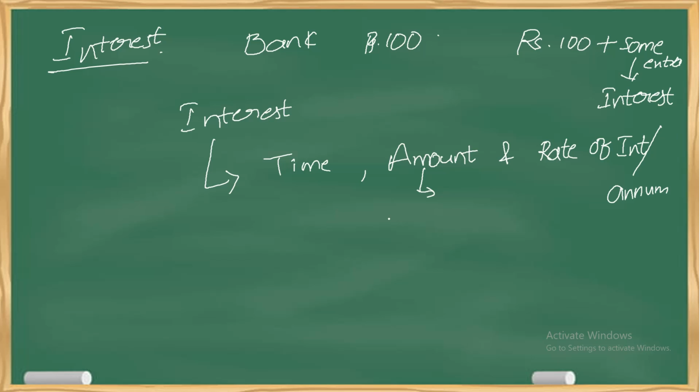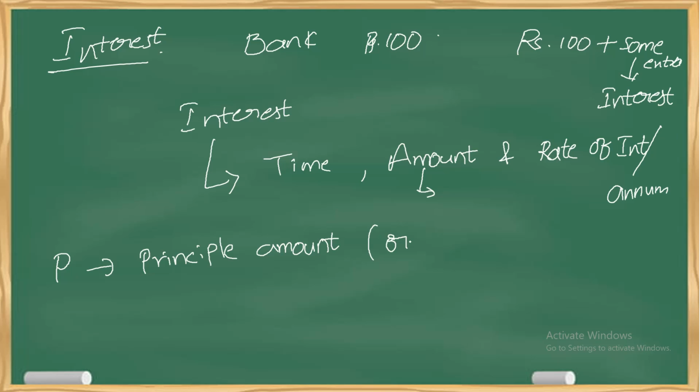Now we have a few notations. Before going to the examples on interest, I would like to give you the notations we are generally habituated to from schooling. The first one is P. What is P called? Principal amount.